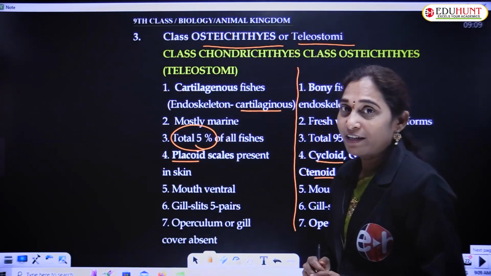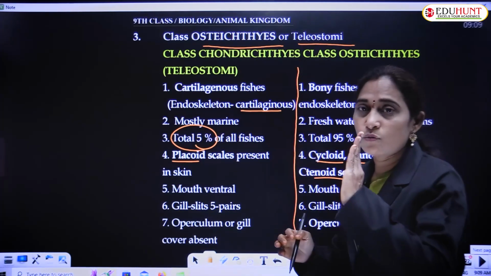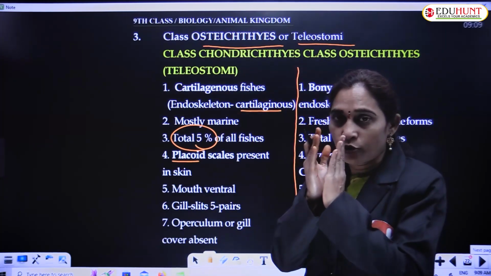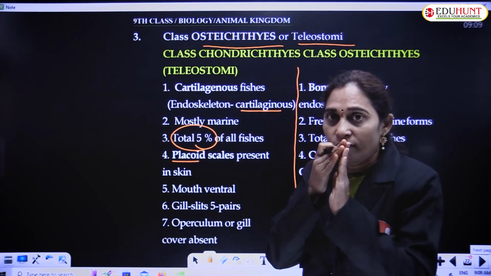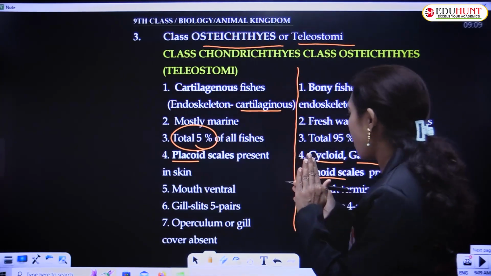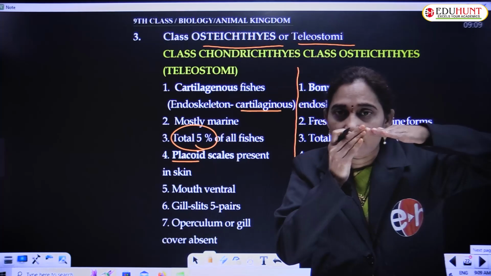Mouth is ventral here like this. If you differentiate the body into dorsal and ventral side, a ventrally situated mouth is present, but in this the mouth is terminal, that is at the tip of the body. Here it is the mouth.